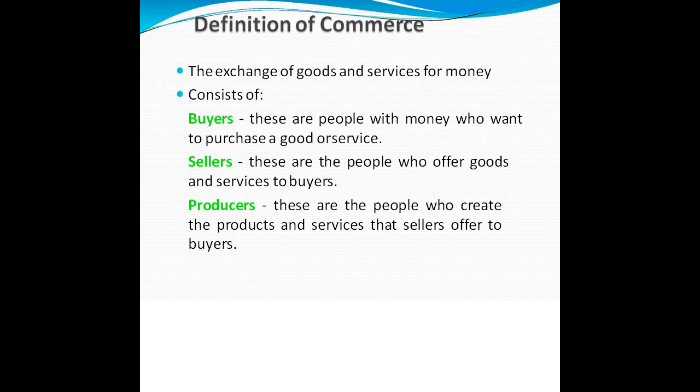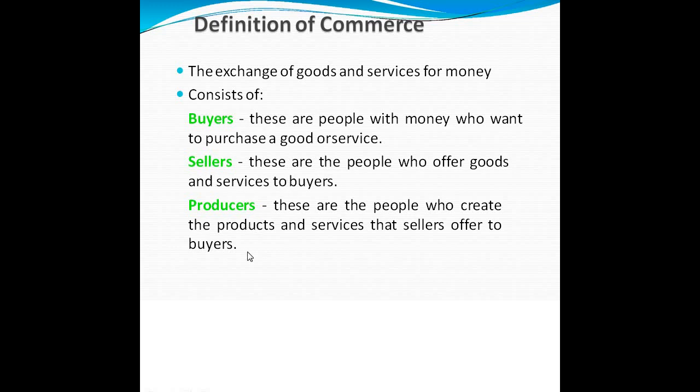It is based on buyers, sellers and producers. Buyers are those people with money who want to purchase goods or services. Sellers are the people who offer goods and services to buyers, and producers are the people who create the products and services that sellers offer to buyers. So the exchange of goods and services for money is based on the buyers, sellers and producers.